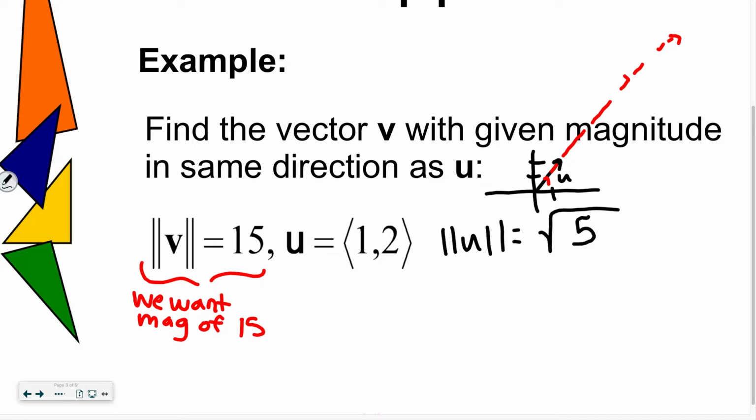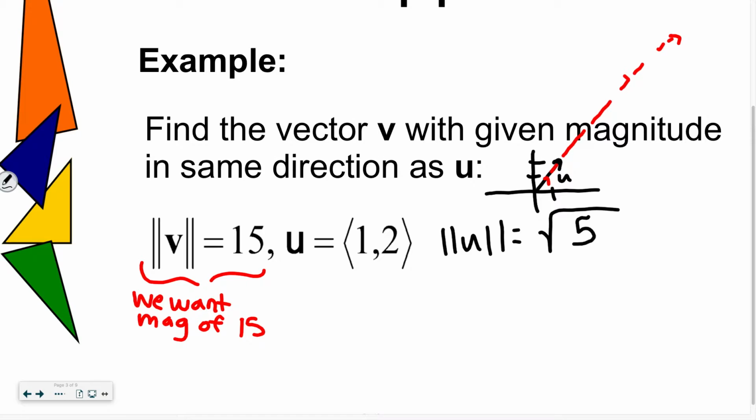So here's an application of the unit vector. Find the unit vector for u, so scale it back so it has a length of 1. And then if your unit vector has length 1 and you want a length of 15, multiply by a scalar of 15.